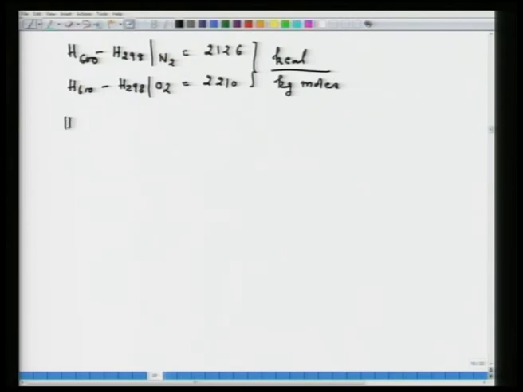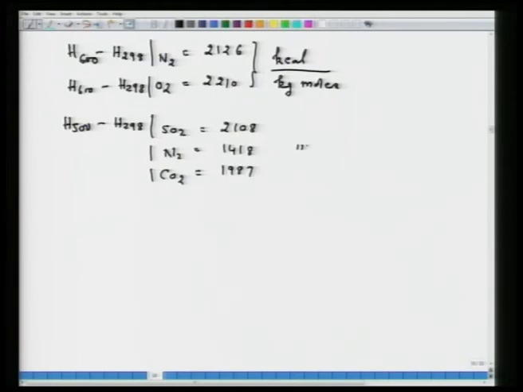Now, H500 minus H298 for SO2, for N2 and for CO2 is equal to 2108, nitrogen is 1418 and CO2 is 1987, values in kilocalorie per kg mole.